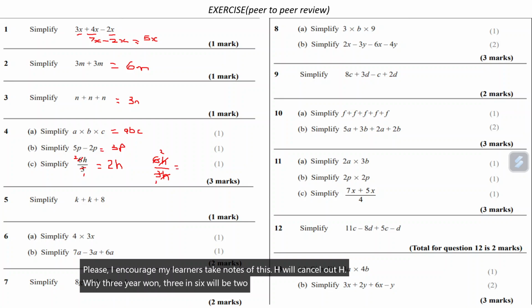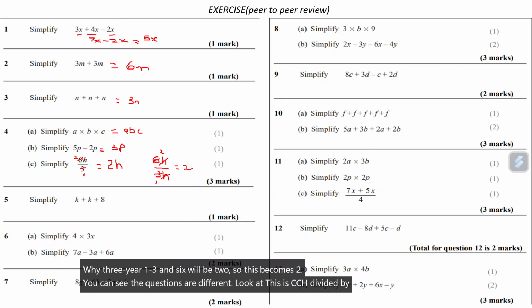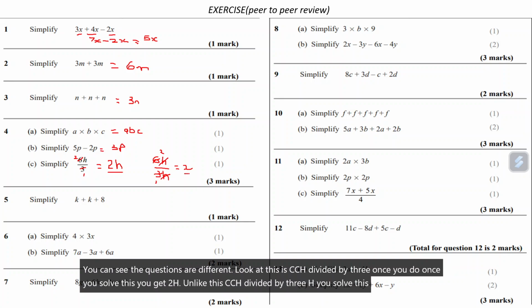So this becomes 2. You can see the questions are different. Look at this, it is 6h divided by 3. Once you solve this, you get 2h. Unlike this, 6h divided by 3h, you solve this, you get 2.